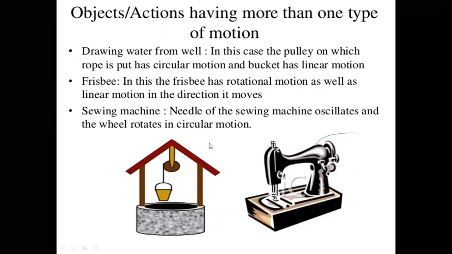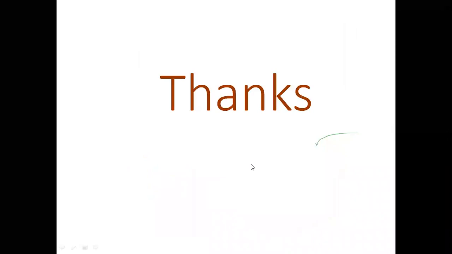You can see here, drawing water from a well. In this, we use a pulley on which a rope is put, which has circular motion, and the bucket has linear motion. A Frisbee also has rotational motion as well as linear motion. In a sewing machine, the needle oscillates whereas the wheel rotates in a circular motion.